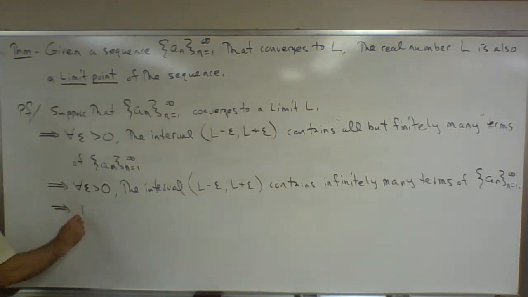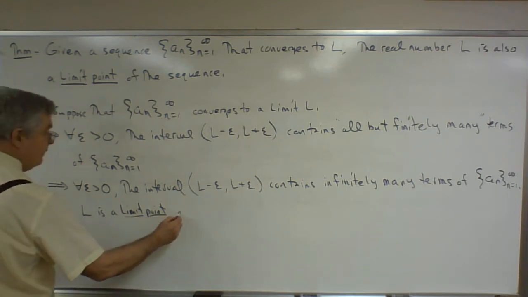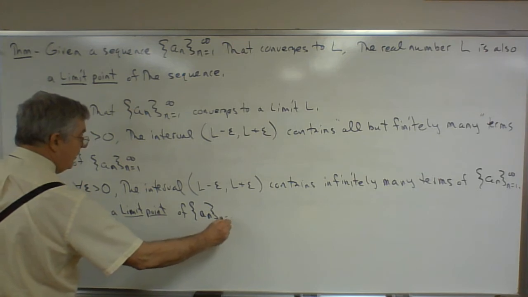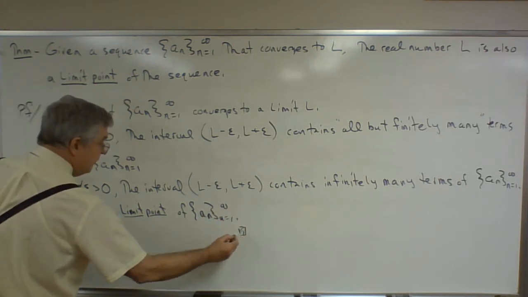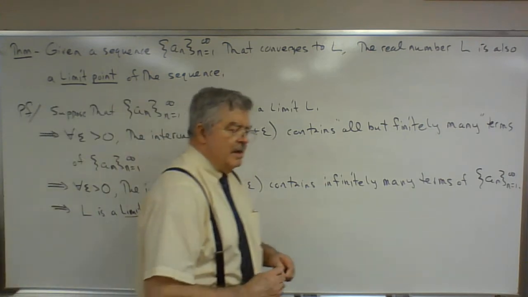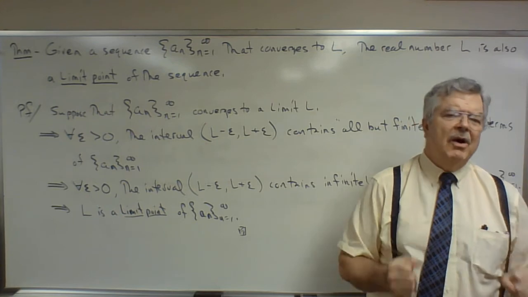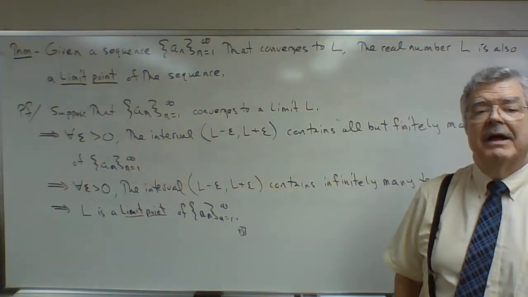And that tells us that L is a limit point of the sequence. So if a sequence converges, the limit of the sequence is automatically a limit point of that sequence.